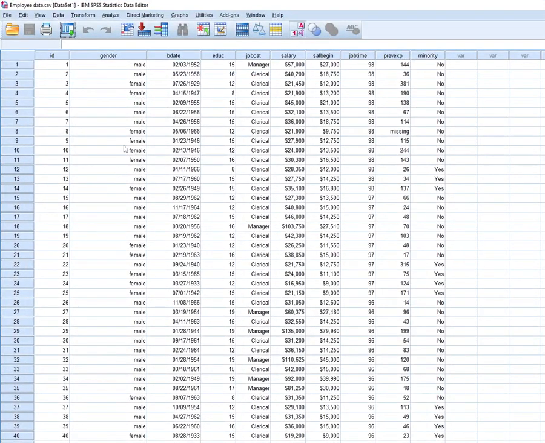We want to know if there is a relationship between someone's education level and salary. Both of the variables are continuous, and with Pearson correlation, which is the test you do when you're comparing two or more continuous variables, I want us to pay attention to three different things.